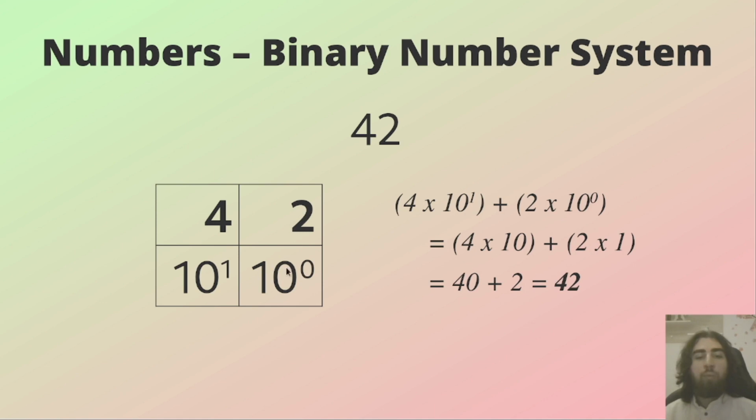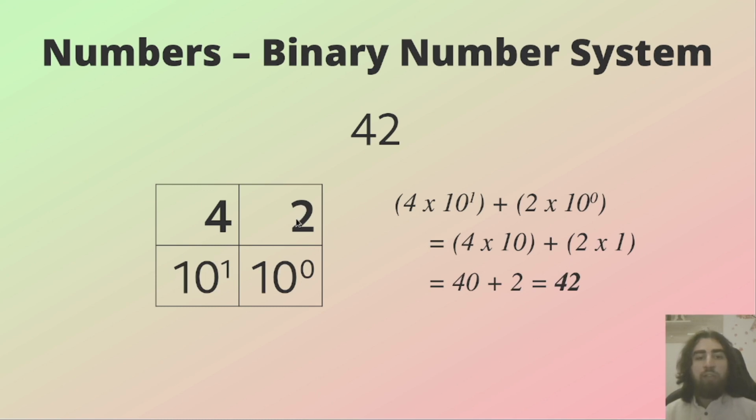So it doesn't matter which base you use, if you have an exponent of 0, the result will always be 1. 10 to the power of 0 would be 1, 4 to the power of 0 would be 1, and so on. And over here we have 10 to the power of 1, which would be 10.